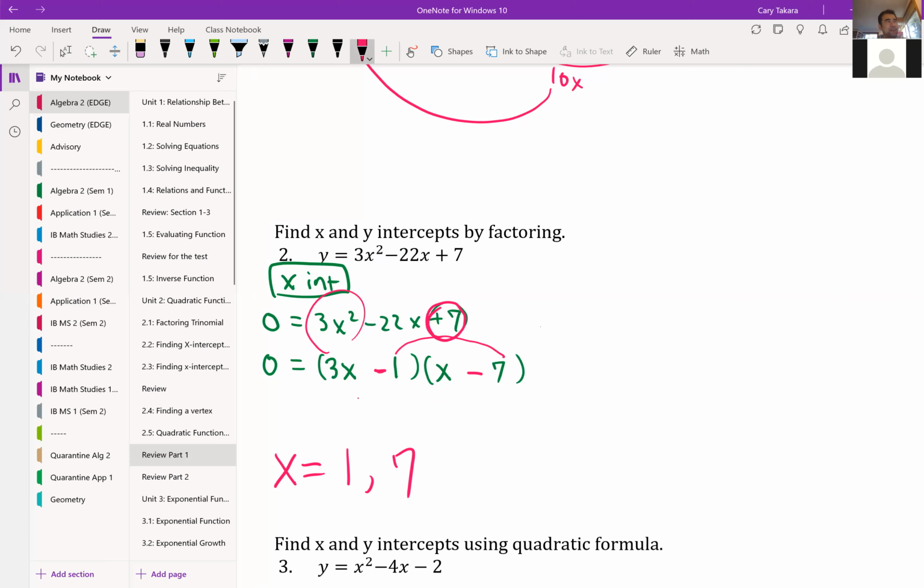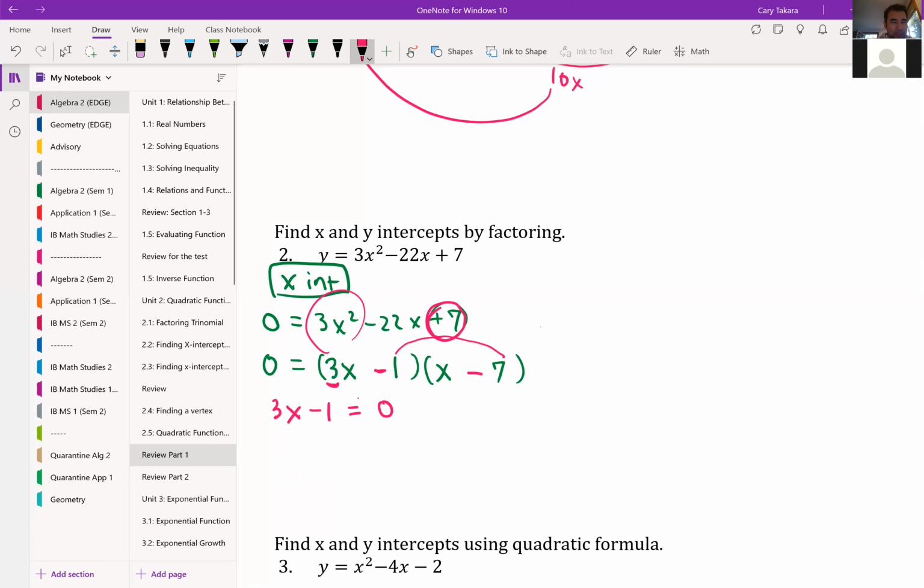Now, 7 is correct, or 7, 0, that will be correct. But 1 is not. It's not 1. Why? Because there is this 3 in front of x. If you have that 3x, that means you have to set 3x minus 1 equal to 0 and solve it. And I think a couple of you are forgetting to do that.